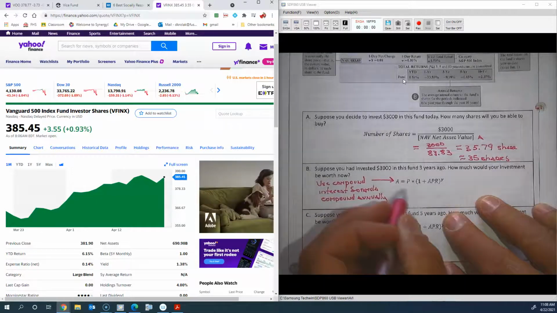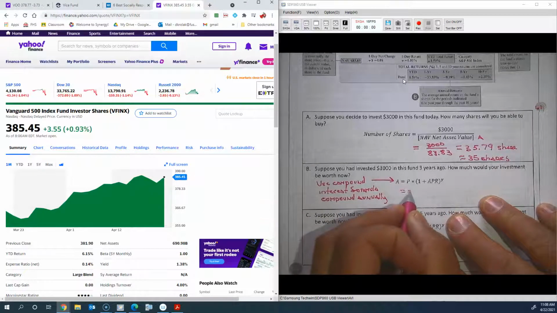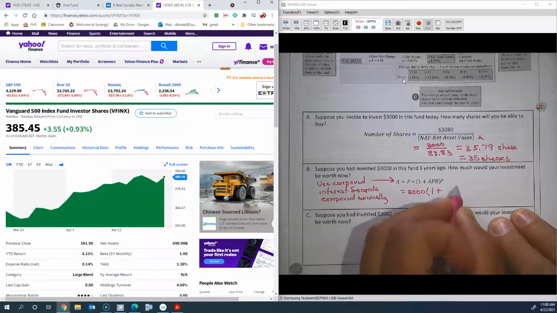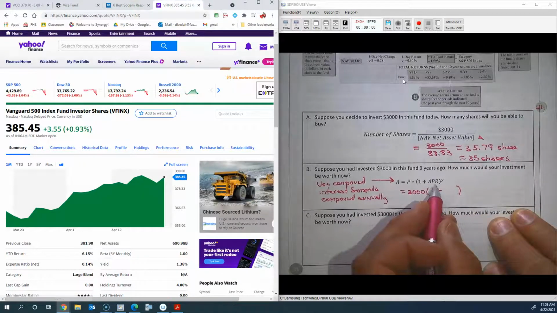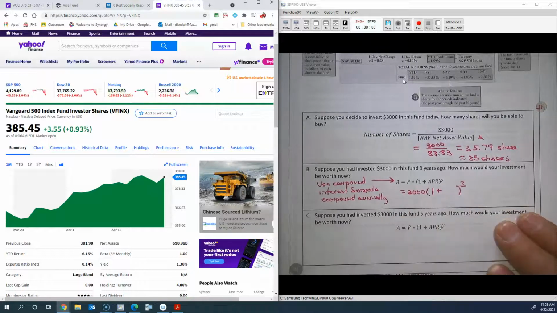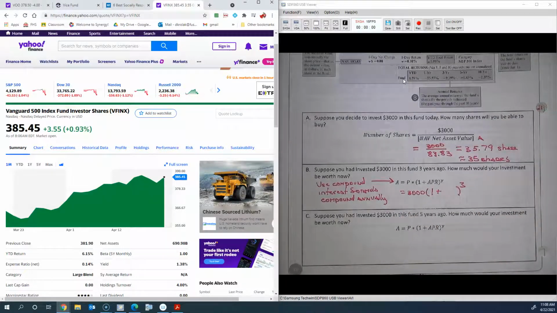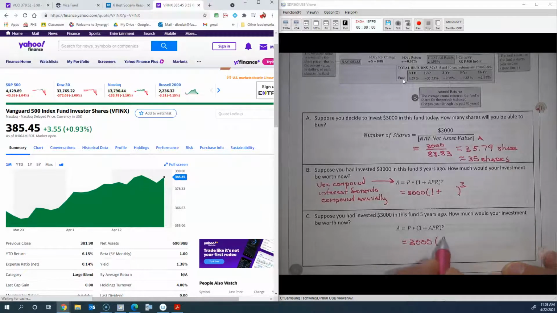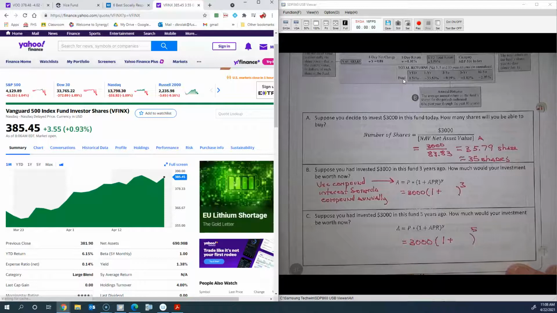All right. Okay, so you take your principal, which in this case is 3,000. 1 plus the APR, we don't know it yet, and we're going to raise that to the third power. Okay, for the second one, we put in 3,000. 1 plus, don't know the APR, and this one is 5 years.